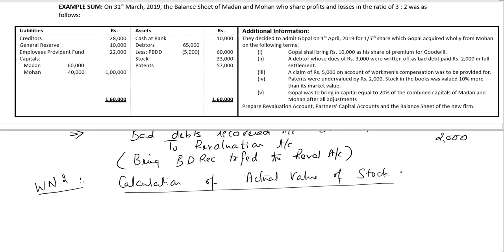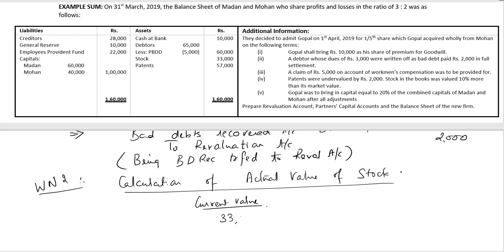We can use the unitary method. So the current value, which is ₹33,000, is actually 110% of the value.